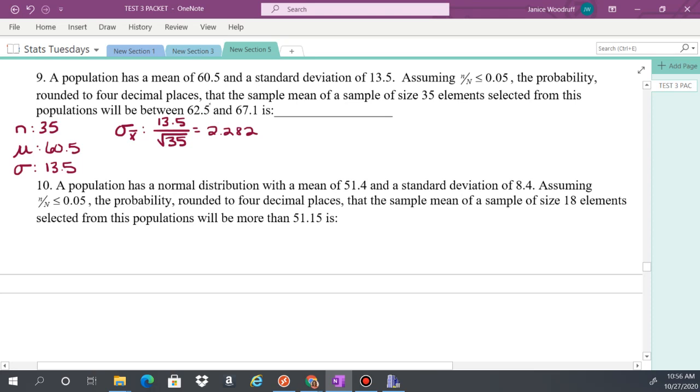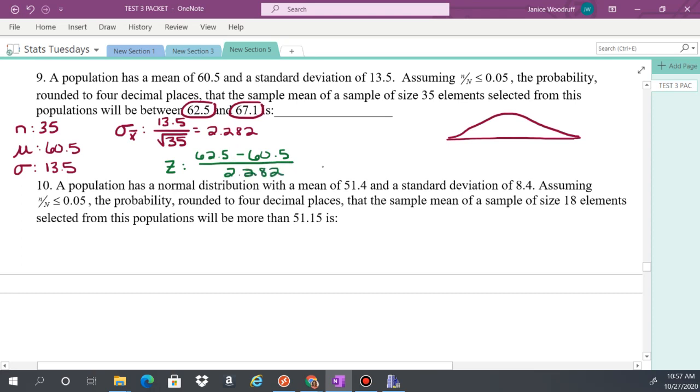Now we want to convert both the 62.5 and the 67.1 to z-scores so that we can put them on a normal distribution curve. So I'll put a curve over here, and we'll convert those z-scores and then draw them on the curve. For the first one, 62.5, z will be x bar, 62.5, minus your mean, 60.5, over the standard deviation of the sample, that 2.282 that we just found.